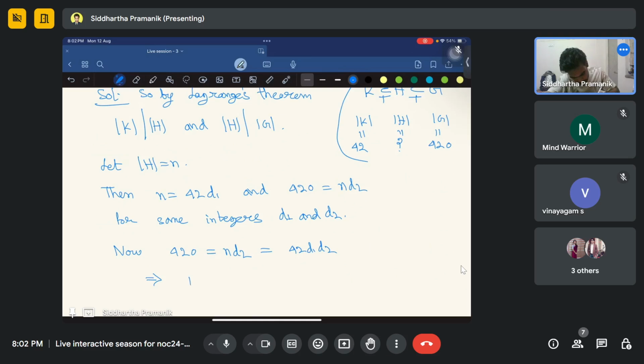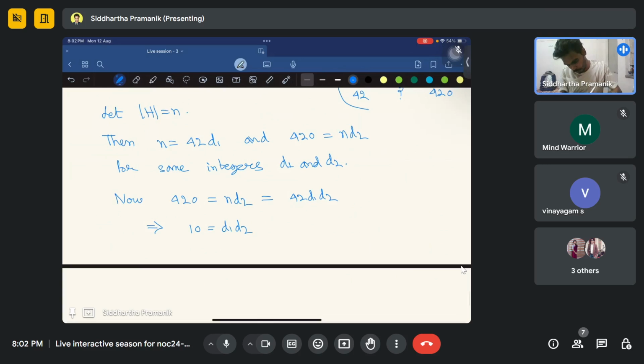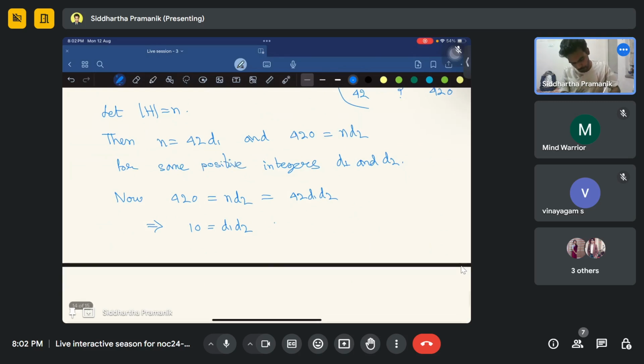So this gives 10 equals d1 times d2. So actually these are positive integers. So from this we can say d1 divides 10.